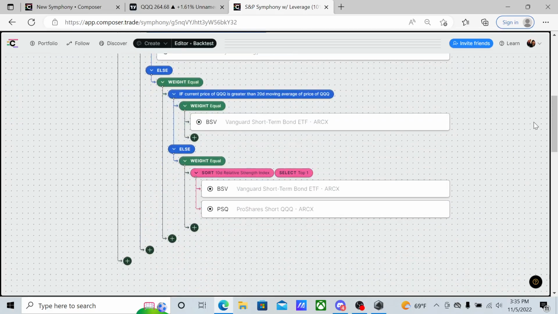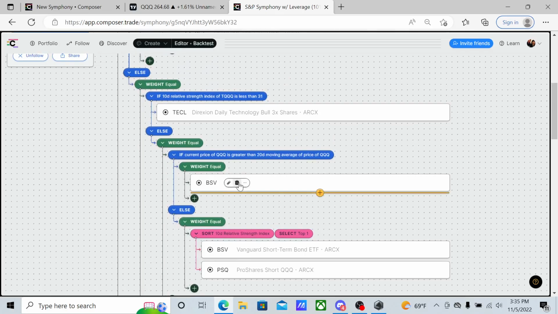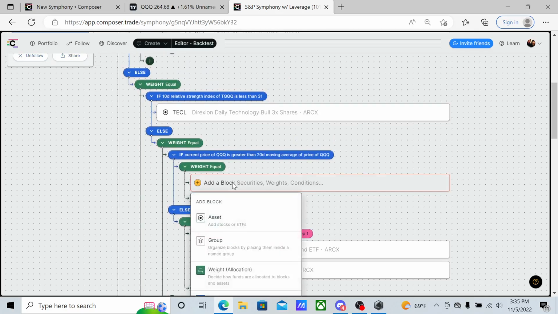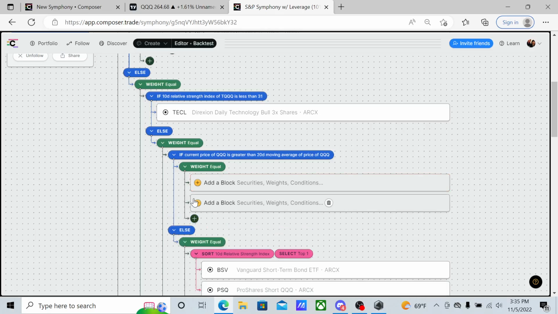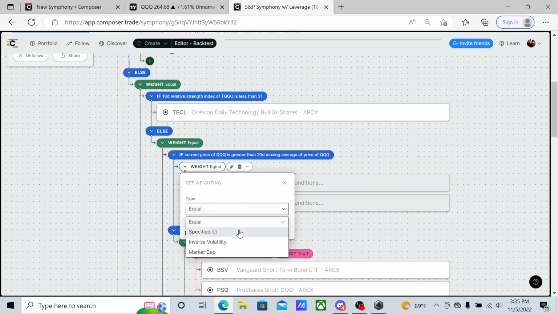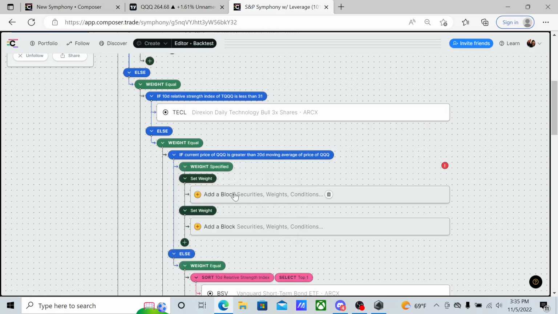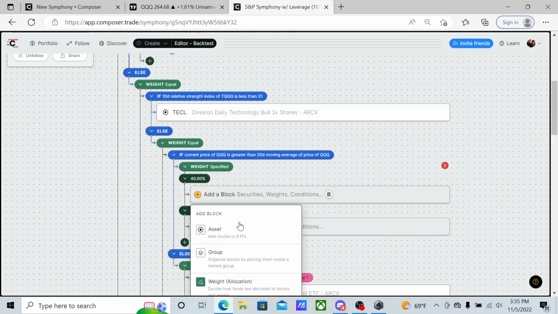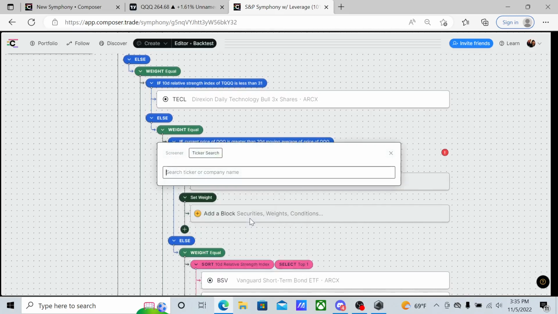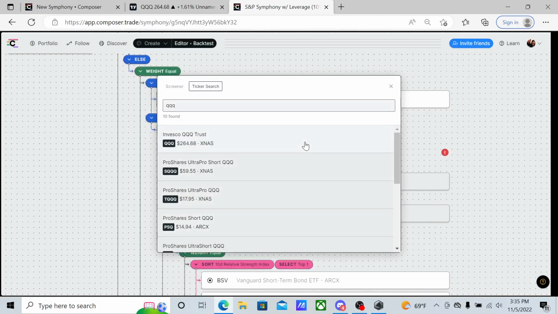So you could either do that, or if you want to put some risk in, what you could do is put a portion of your portfolio, but not the whole thing. Let's do specified and say maybe only risk 40% of the portfolio, and then we'll use QQQ.